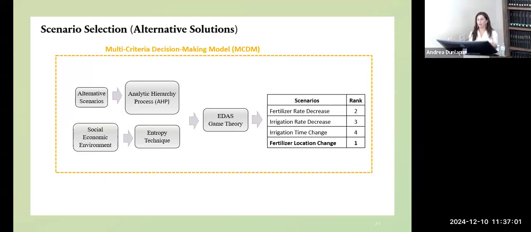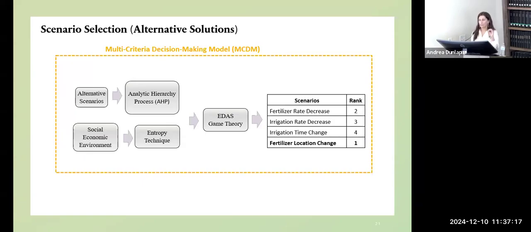Yes, this scenario was about how we had a certain number of pastures fertilized, and then we ran the model based on the existing condition. We defined the amount of fertilizer in each pasture. We calculated that.